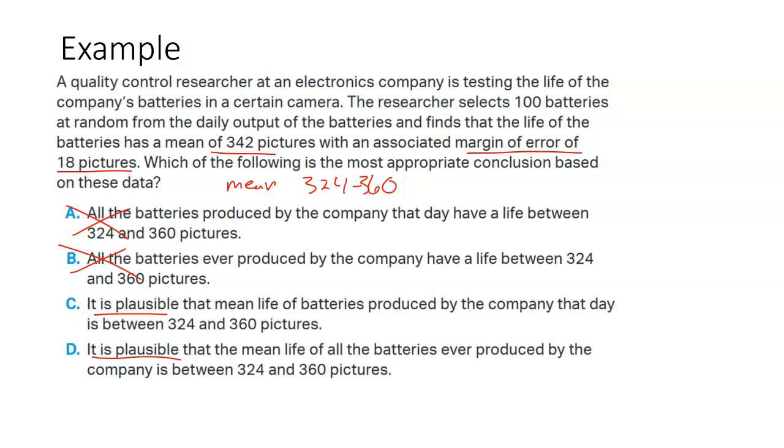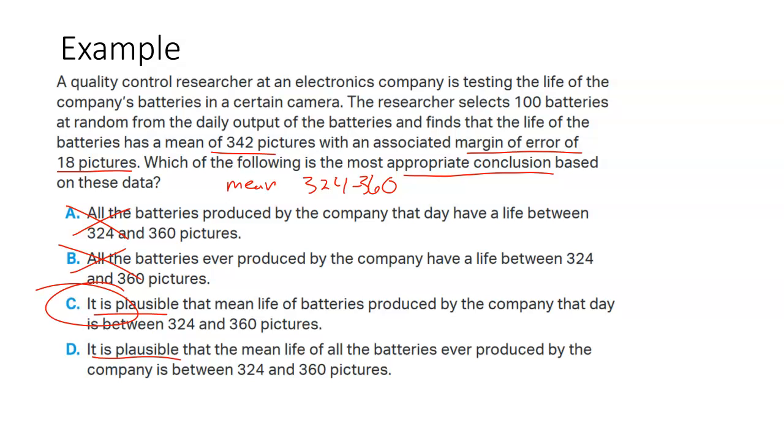Yeah. But is it as accurate as just that day? No. So that day. Because who knows? They may change their production methods. Or, I don't know, they have faulty equipment one day. You don't know, okay? So the most appropriate conclusion based on the information that we have is that day.